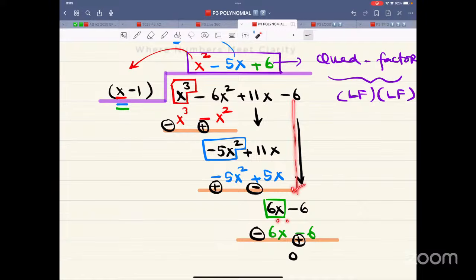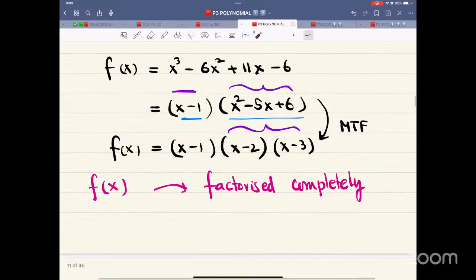Transfer this down. Repeat the same process. And then this cubic equation is this linear factor times this quadratic factor. So now that's how this thing is written. Now, if it's factorizable, we would factorize it. If it's not factorizable, we would leave the answer as it is.